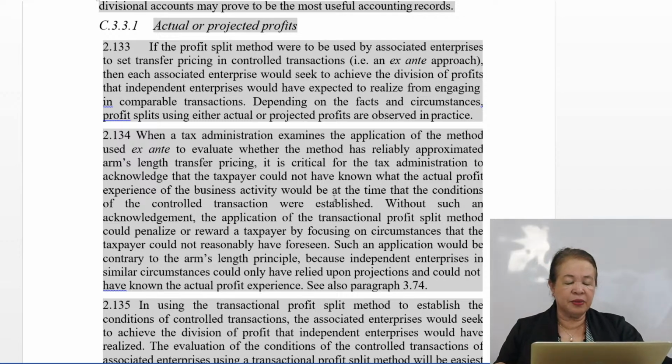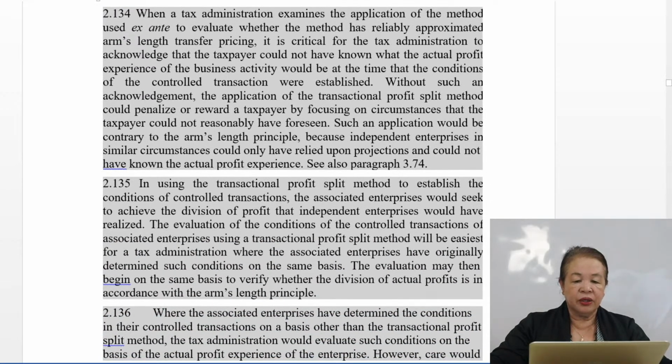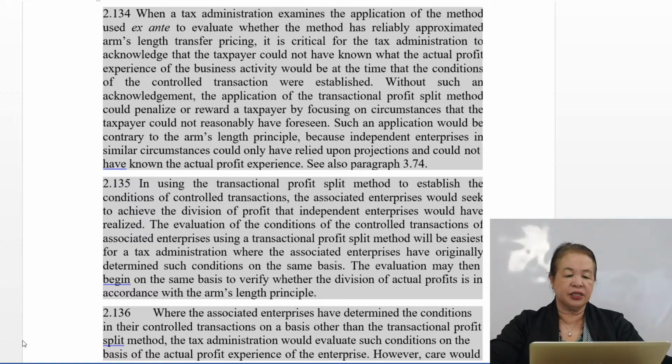So when a tax administration examines the application of the method used ex ante to evaluate whether the method has reliably approximated arm's length transfer pricing, then it is critical for the tax administration to acknowledge that the taxpayer could not have known what the actual profit experience of the business activity would be at the time that the conditions of the controlled transaction were established, no?